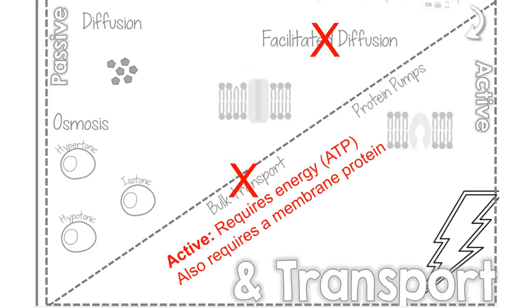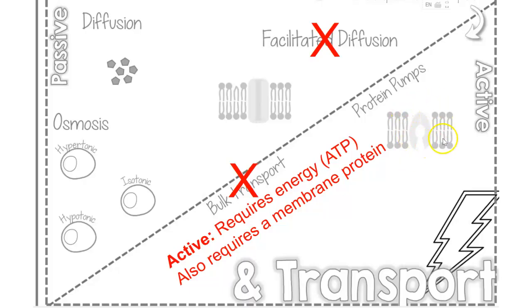Okay. So in your notes you have these different things. We are not going to cover facilitated diffusion, and we're not going to cover bulk transport. But we are going to talk about active transport, and this, I want you to put in your notes, is a form of transport that requires energy in the form of ATP, and it also requires a membrane protein.